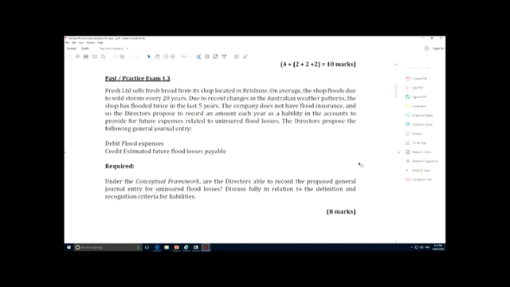So that's constructive, and then we've got the equitable obligation, which means that you're trying to restore things back to their equity and make sure that it's appropriate. So they are the three, and we'll talk more about them when we do liabilities a little bit later on.